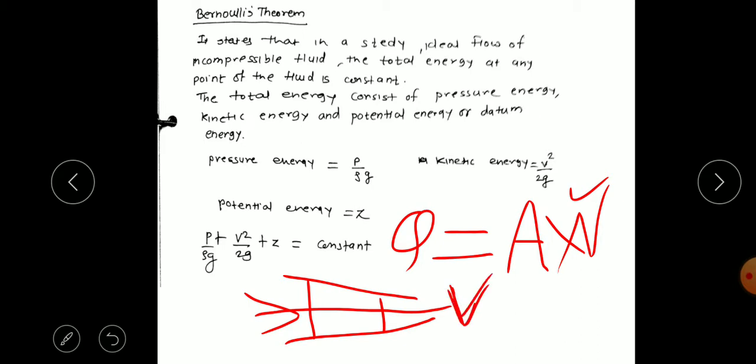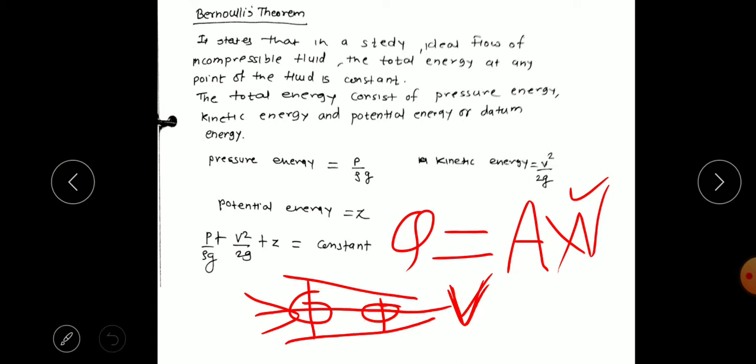That means the kinetic energy of the fluid at this point is more as compared to this point. But according to Bernoulli's principle, total energy is constant. So the kinetic energy increases at this point, which is possible because, as the diameter decreases, the pressure energy is reduced and this pressure energy is converted into velocity. So at this point the pressure head is low and the kinetic energy is more.